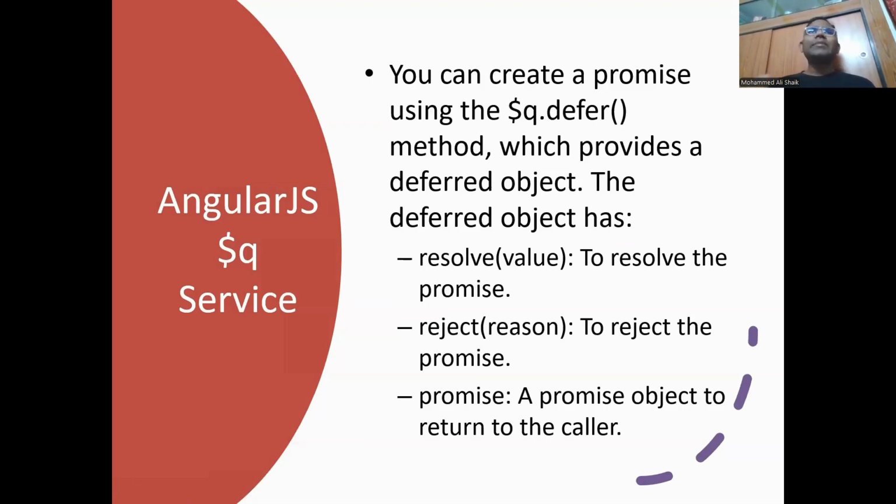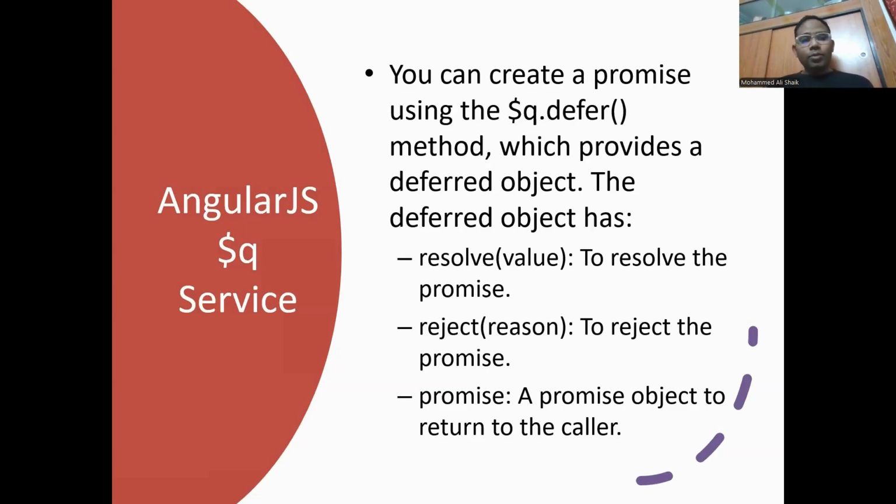A promise represents a value that may be available now, or in the near future, or never. We don't know. The value may come in the near future, or there is a chance that it may not come.